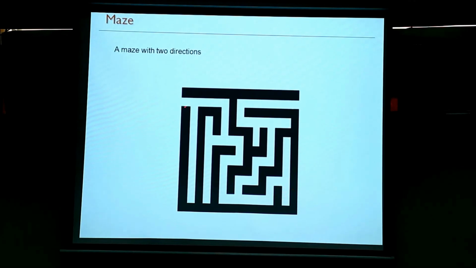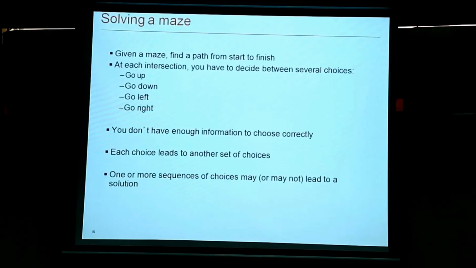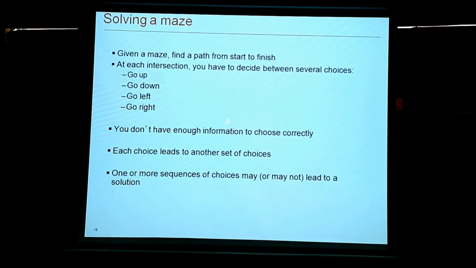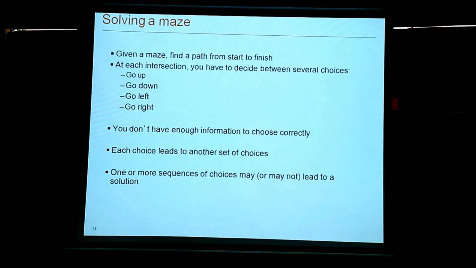At every point there may be 4 possible choices: left, right, down or up. You don't have the information to choose correctly, so you have to use a kind of heuristic, whatever decision you take, and each choice leads to another set of choices.